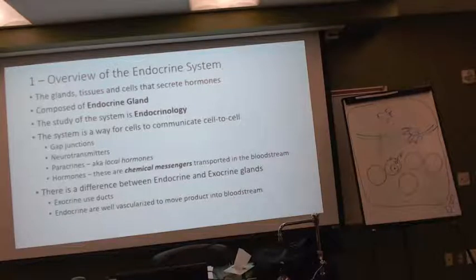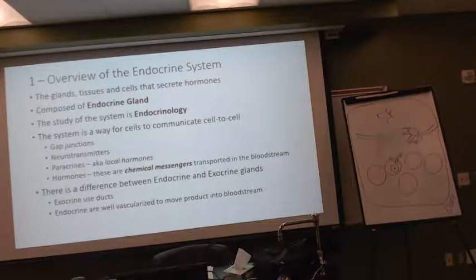Does that make sense? You guys, that's our endocrine system. If you understand that, we got this chapter whooped. Because this is the endocrine system.